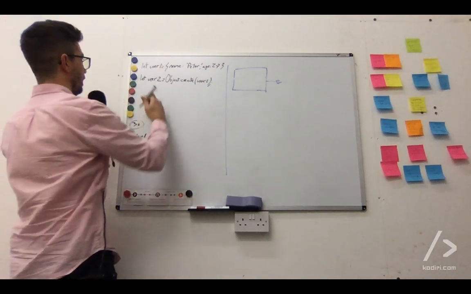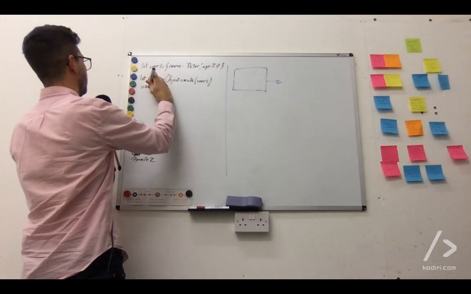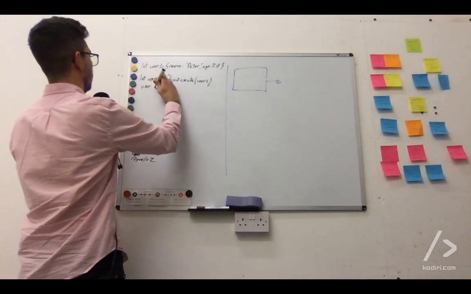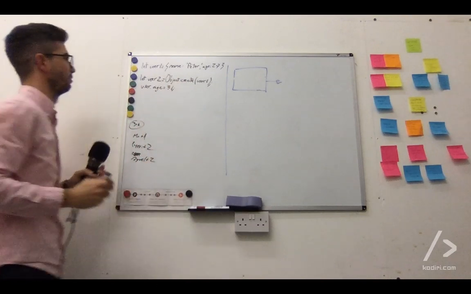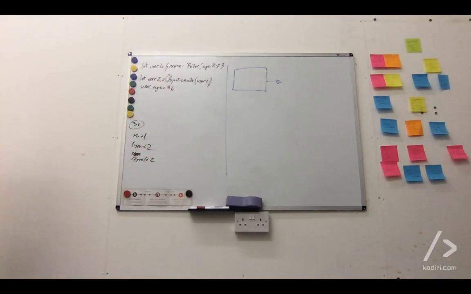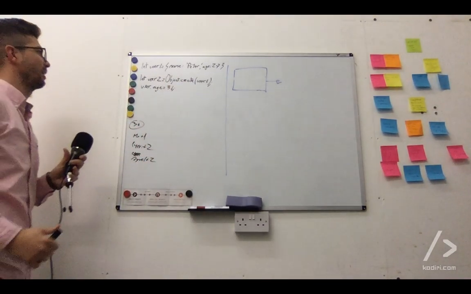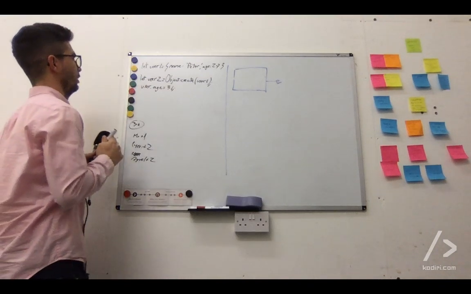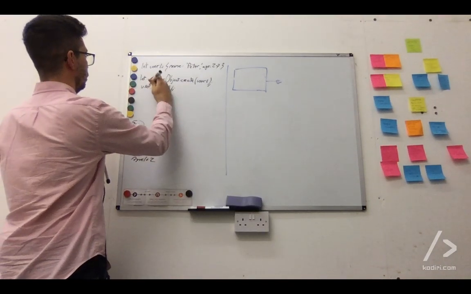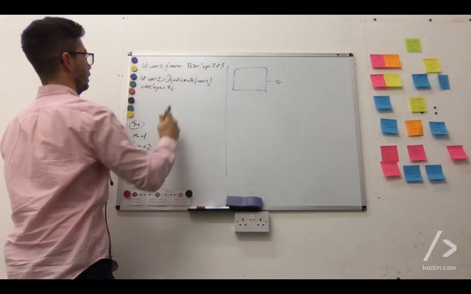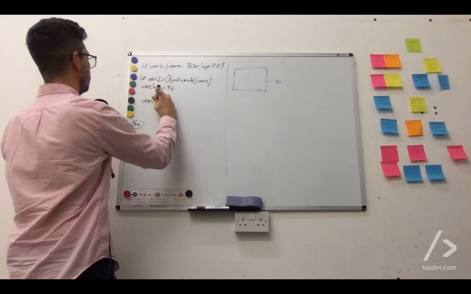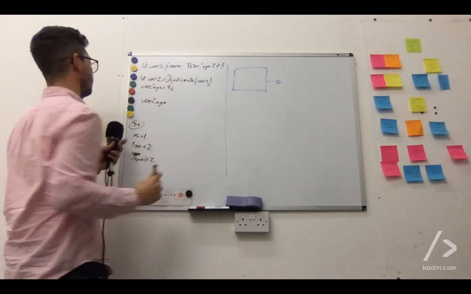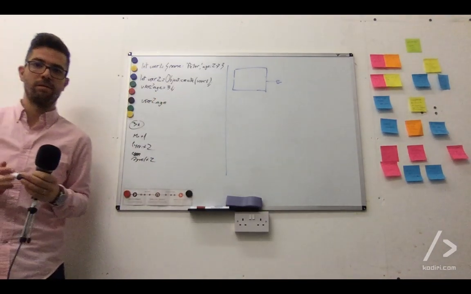So now I'm typing user2.age equals 31. So if I return user2.age, what will that return?